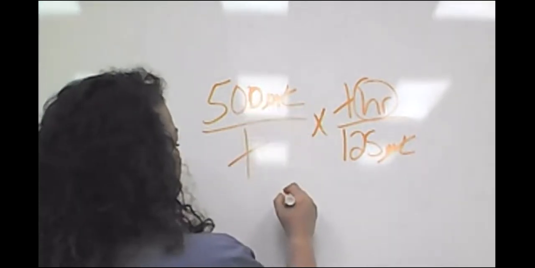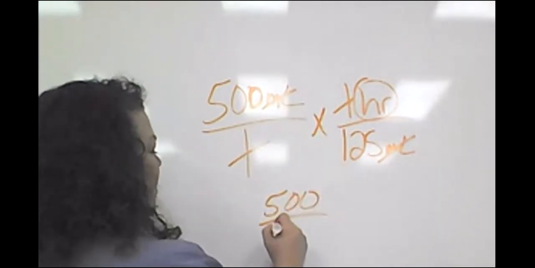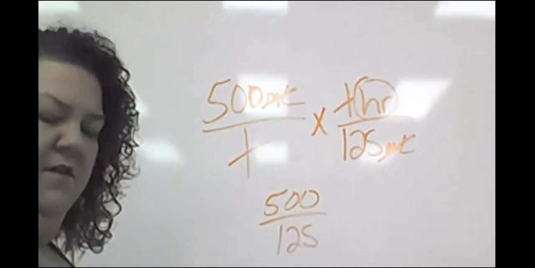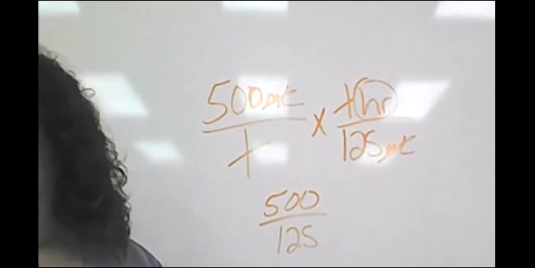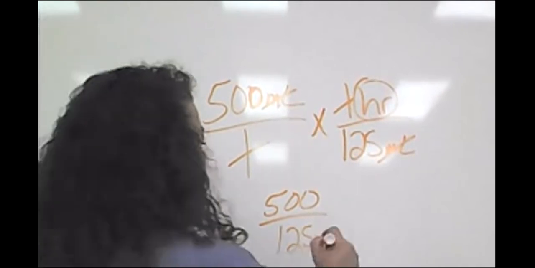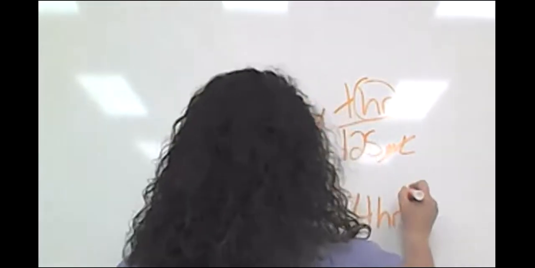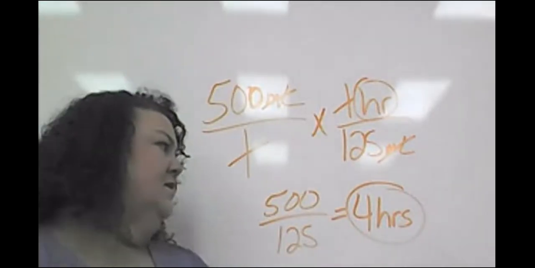All I'm left with for my numerators is 500. And the only thing I'm left with for the denominator is 125. So 500 divided by 125. That is 4 hours. That's how long it's going to take for that infusion to process.